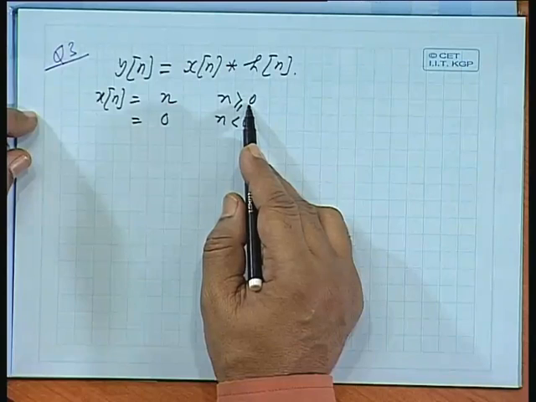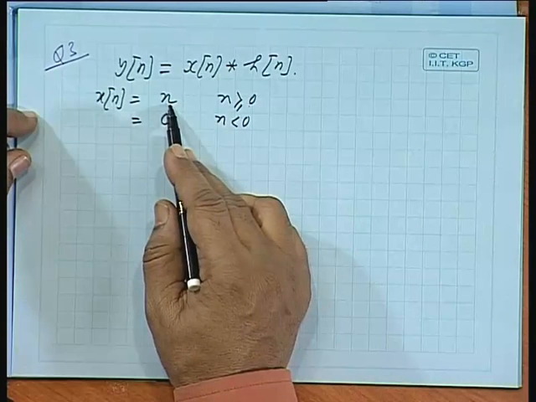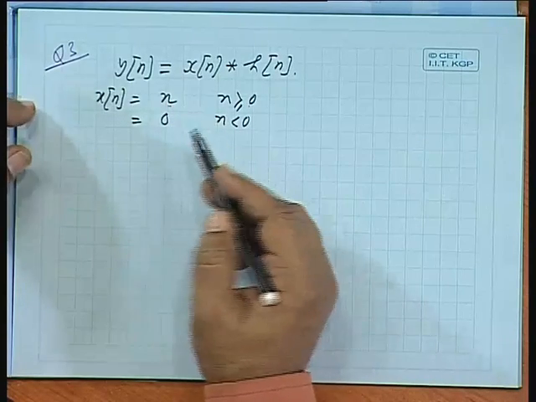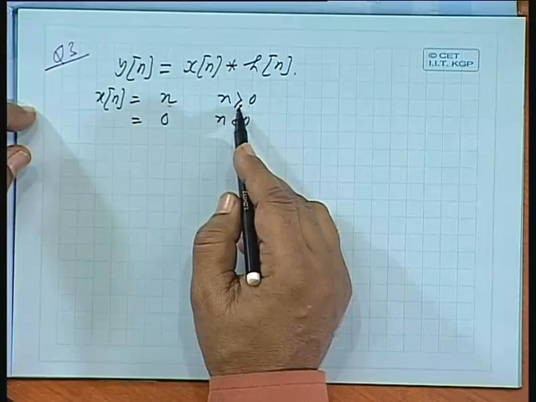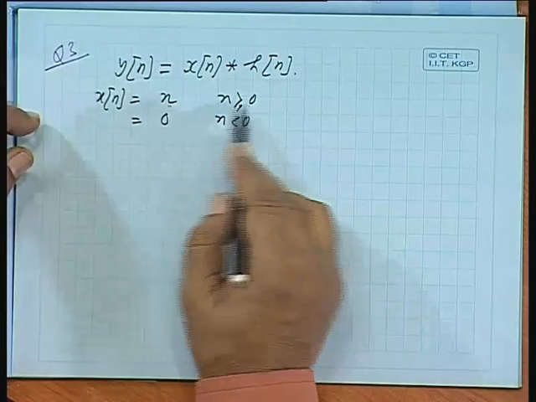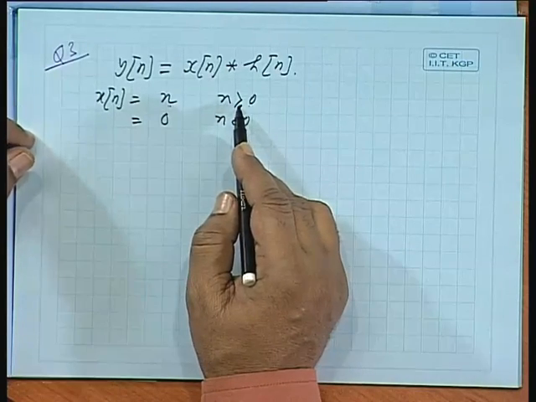Actually, I can put greater than 0, because when n is equal to 0, it automatically becomes 0. So the equal to sign in this particular case does not have any significance, it may be just greater than.